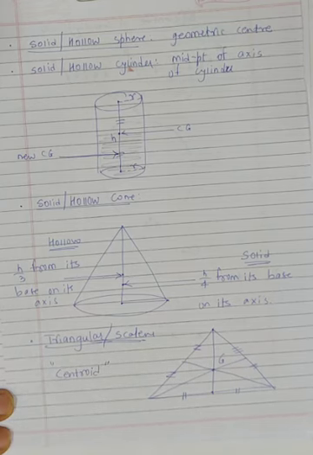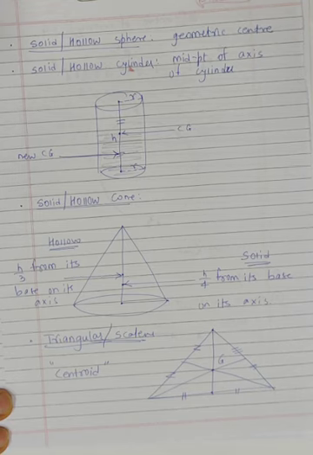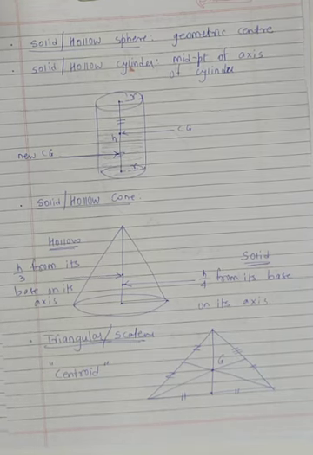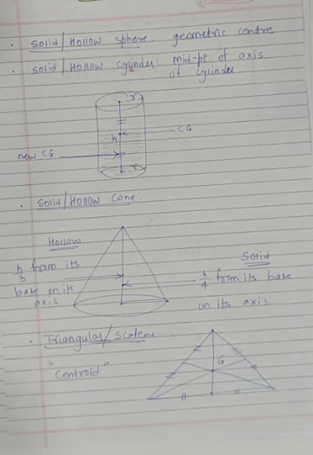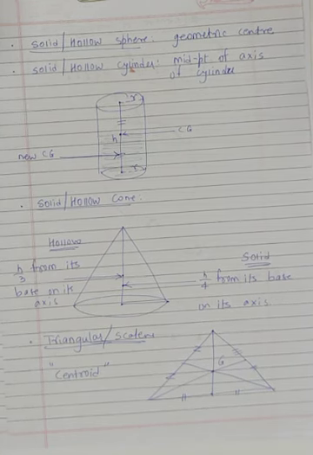You cannot use this term, remember. Centroid you can write only in math. Here you will have to write point of intersection of all the three medians. Okay, that's how you will get the center of gravity. Clear? Now, you have to learn all these figures and the positions where the center of gravity is.